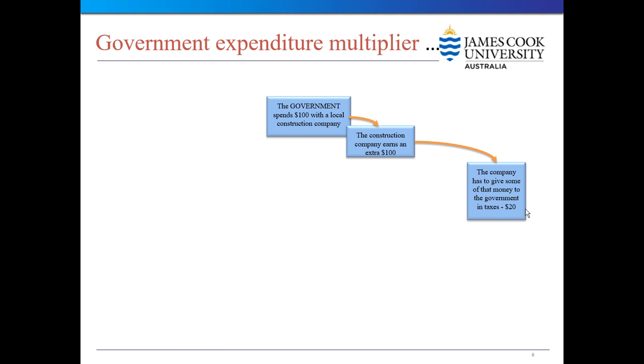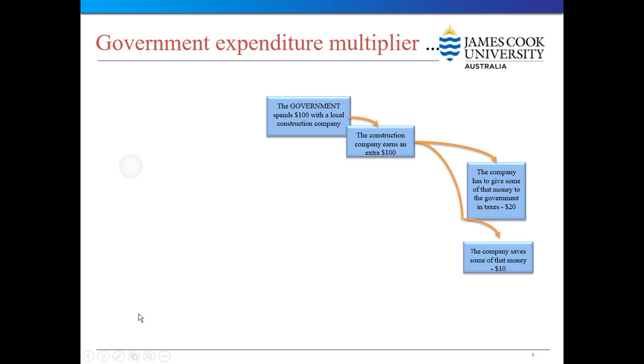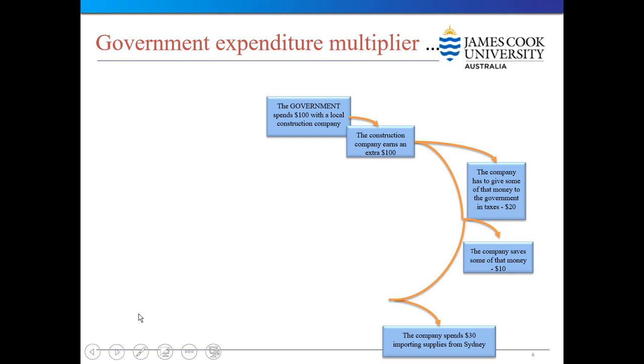So that's $20. And this company saves some of that money, which is $10. And then the company spends $30 importing supplies from Chile.